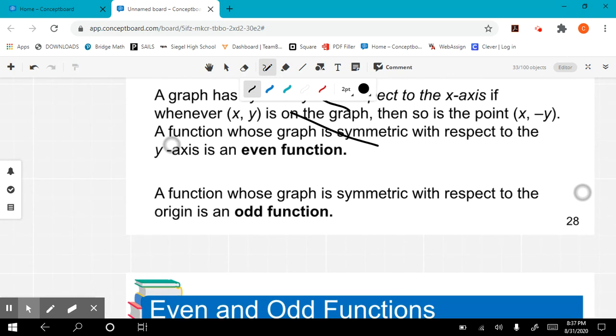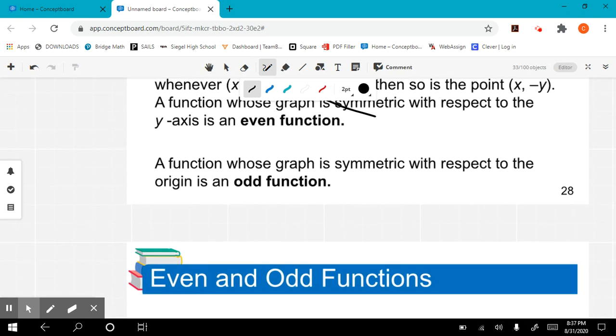And a function whose graph is symmetric with respect to the origin is an odd function. Now what that means is if I have x, y up here, that means the negative of x and the negative y, the opposite of x, the opposite of y, is also on the graph. So anywhere I have a point down here, it matches up there. And you see them a lot with these types of things right here.